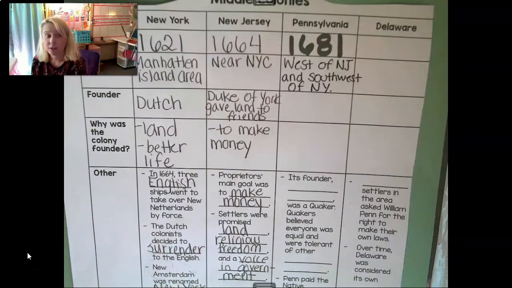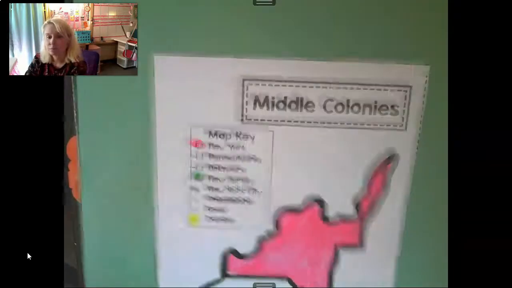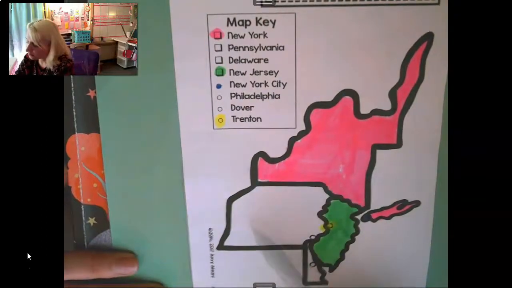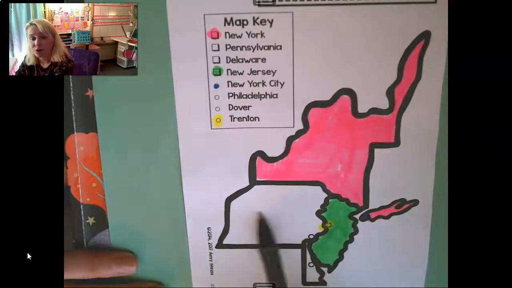So the Pennsylvania colony was founded to the west of New Jersey and southwest of New York, which we can see on the map. You can see that it's southwest of New York and to the west of New Jersey.